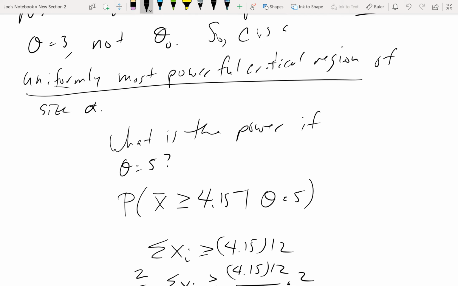Why am I doing that part? Besides being a pain, why am I doing that part? Because now it's chi-squared at 24 degrees of freedom. Okay, so if I take 4.15 times 24 and divide it by 5, this gives you 19.92.